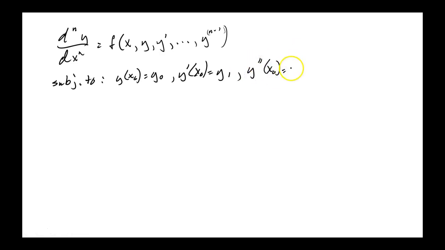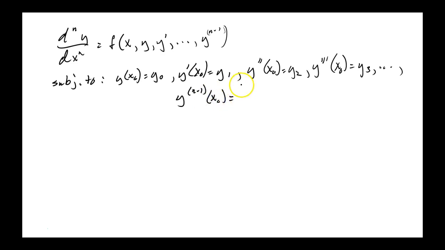That will have some value y2. y triple prime at x0 will have some value y sub 3. And we'll keep on going here, dot, dot, dot, up to and including y to the n minus 1, the n minus first derivative of y at this particular value x sub 0.